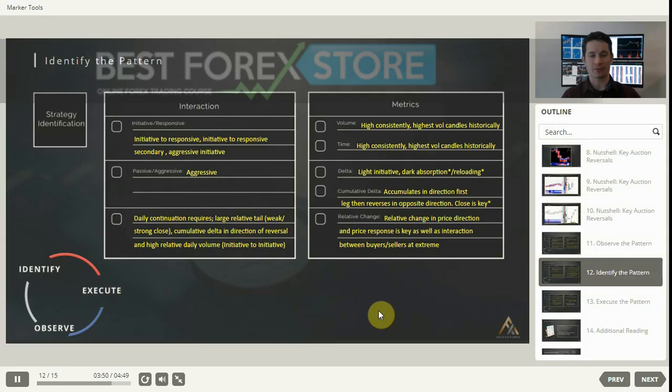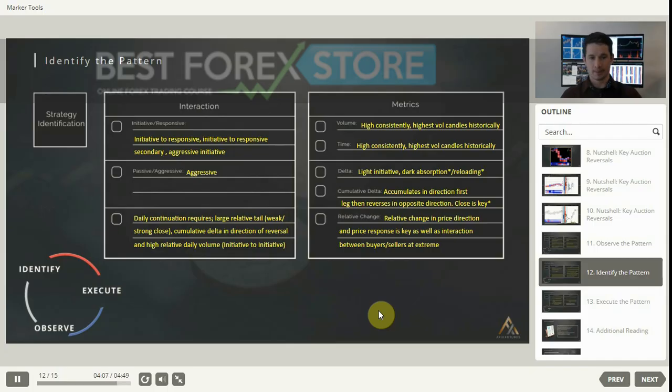So that's the main difference between reloading and absorption. In effect, they do mean similar things. They are very, very similar. Absorption, however, I'd say technically happens over potentially more than one price, whereas reloading tends to signal out one price.